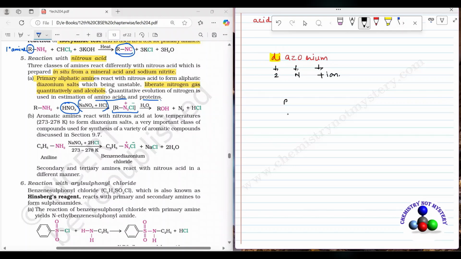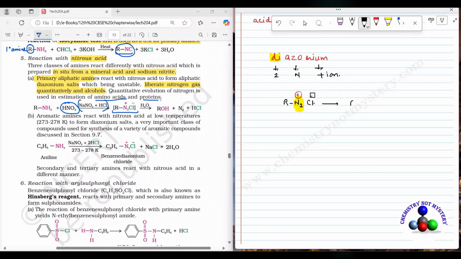So here this is R and here N2, and this nitrogen carries positive charge, and here to balance this positive charge Cl negative ion is there. So this is diazonium chloride. When it reacts with water, means when it undergoes hydrolysis, nitrogen is removed in the form of N2.